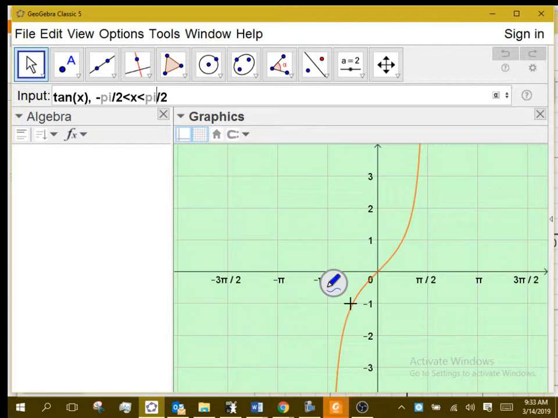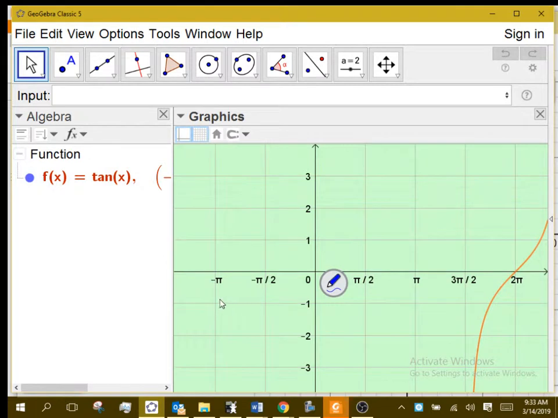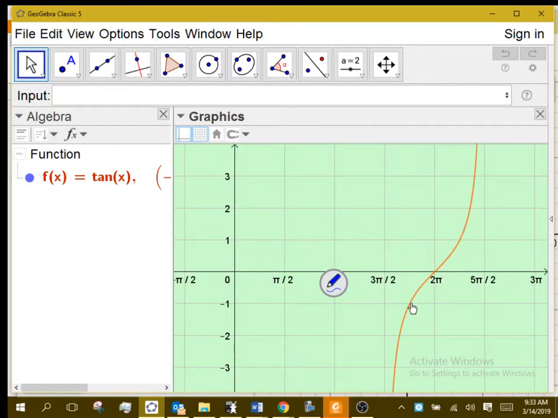But what we really want, based on the way the directions are worded, is to come over here and pick up that answer right there. It's the same one, isn't it? It's the same height of negative 1, but it's just now between 0 and 360.